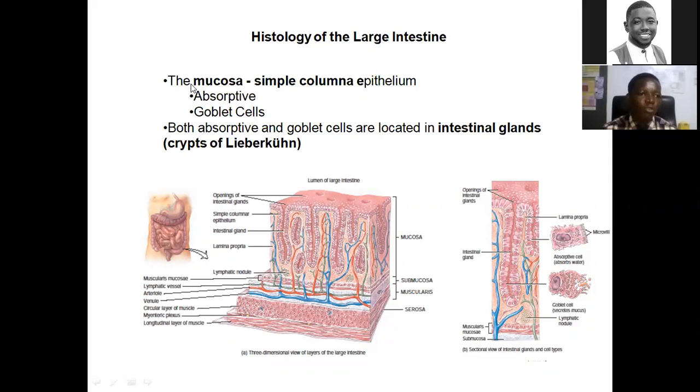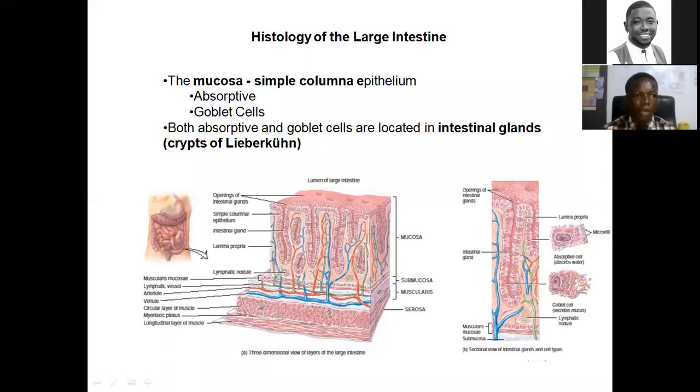Now, there are some unique characteristics of the large intestines that we have to look at. The last time when we were looking at the smaller intestines, we said that there were certain cells that we find in the smaller intestines. You can find the absorptive cells.